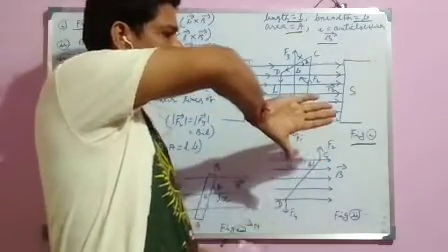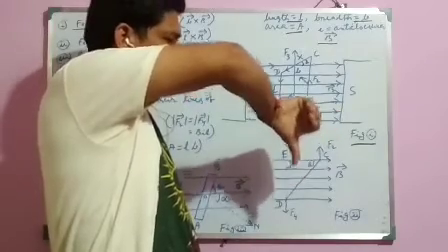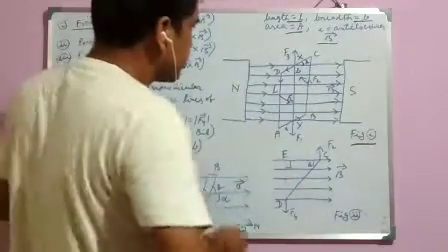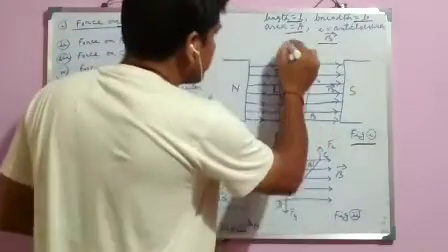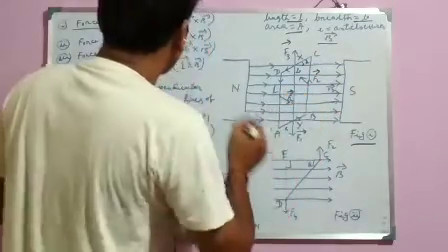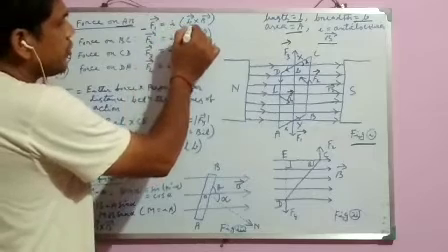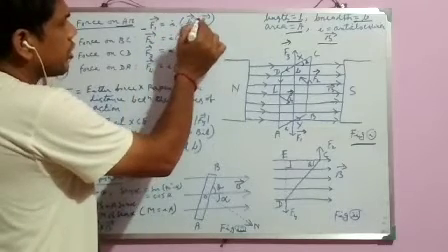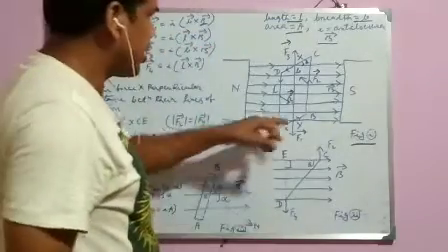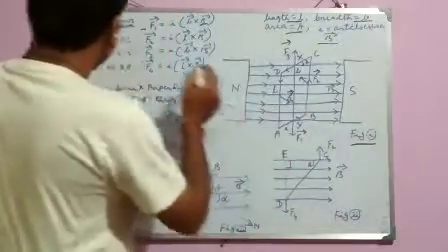If we use the right hand thumb rule, the thumb gives the direction of the force, which is vector F1. This is F1, this is F3, F2 and F4. So vector F1 equals I times (vector b cross vector B), where small b is the breadth and capital B is the magnetic field.